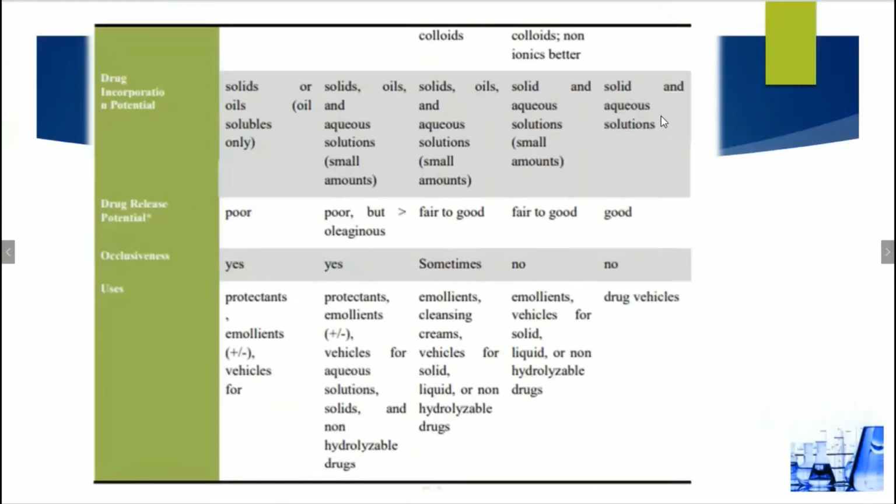The drugs are mostly solid and aqueous soluble solutions, and it is very good in drug releasing potential. It does not form any occlusions. It is the best base which can be used, and it is mostly used as a drug vehicle for a large number of different APIs, active ingredients.